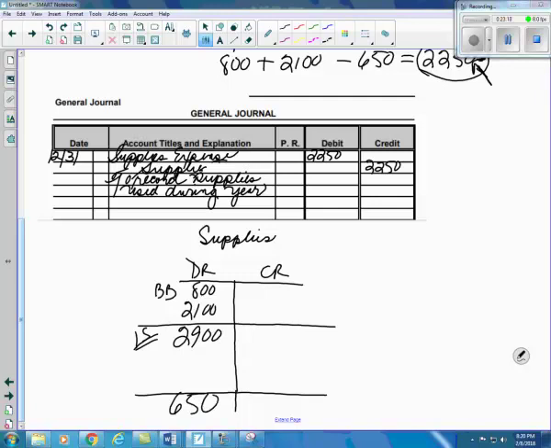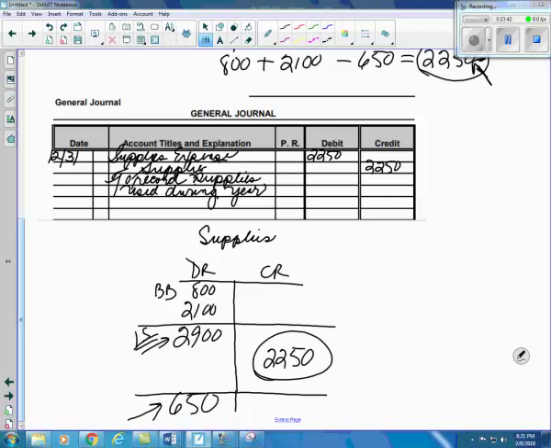Well, now that should be pretty clear to you that if we have a debit balance of $2,900 and we want that debit balance to be $650, we're going to need to credit the account in order to make that happen. And then you just simply subtract those two numbers, and it's $22.50.